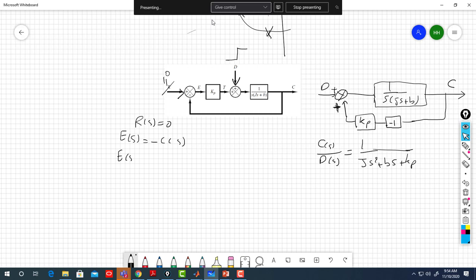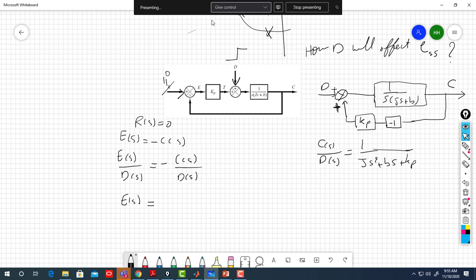Then E of S over D of S will be minus C of S over D of S. That's why I divided by D, because at the end I'm looking for the steady state error in the presence of disturbance, how the disturbance will affect the steady state error.